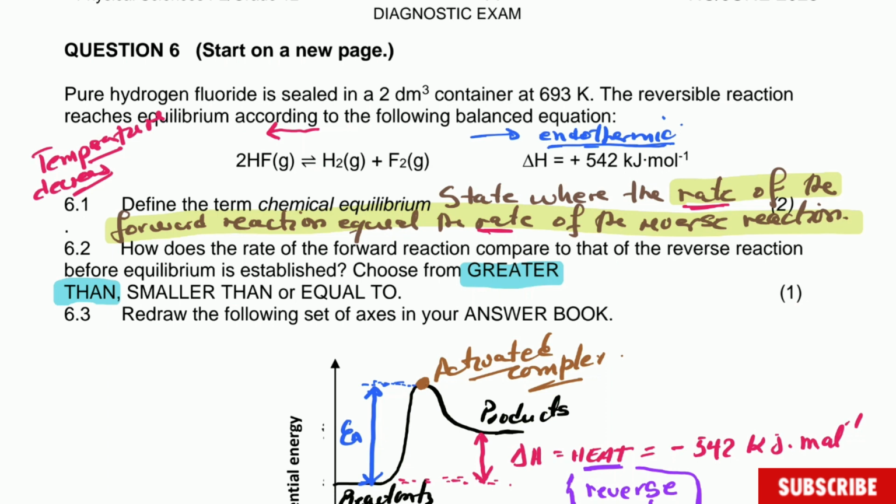So saying that, what will happen to the amount of gas? This one will increase, so it's going to be more gas. This one will be less, and this one will be less, because it is an exothermic reaction. So now you know what happened to each of them and why.